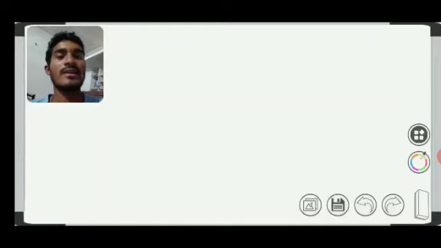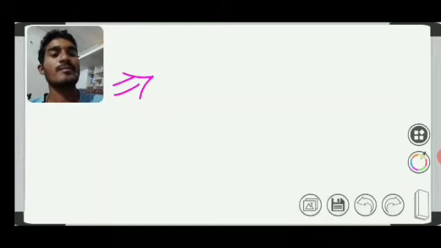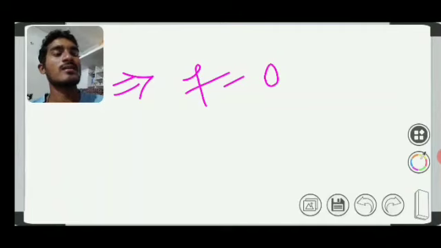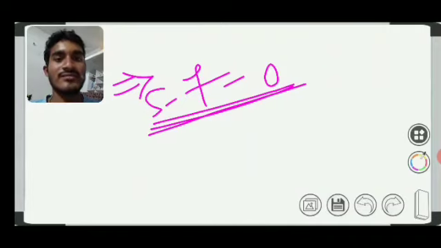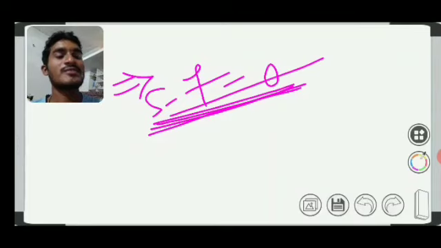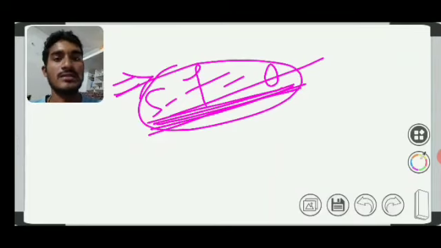When we come to f orbital, the shape of the f orbital is complicated, means the structure is complicated when we draw it here, so I didn't draw it here, sorry for this. I will explain with the description.